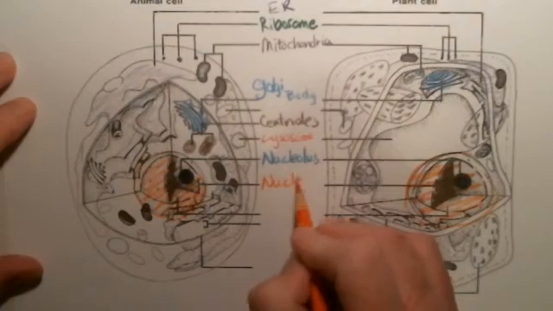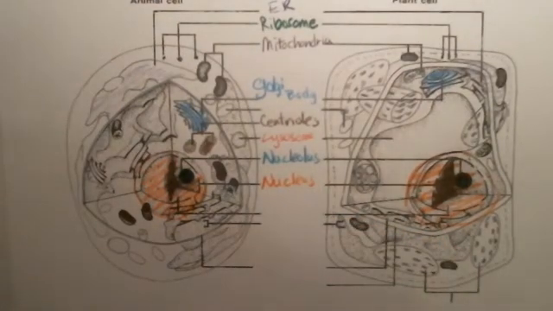And again, the nucleus is absolutely not the control center for the cell. It is absolutely not the brain of the cell. The nucleus's function is for storage of the genetic material, of the DNA, of those nucleic acids.